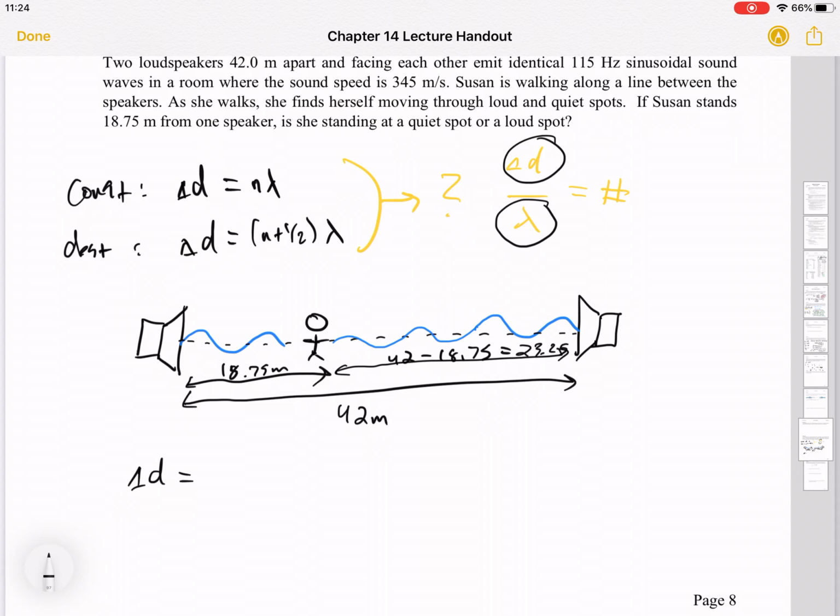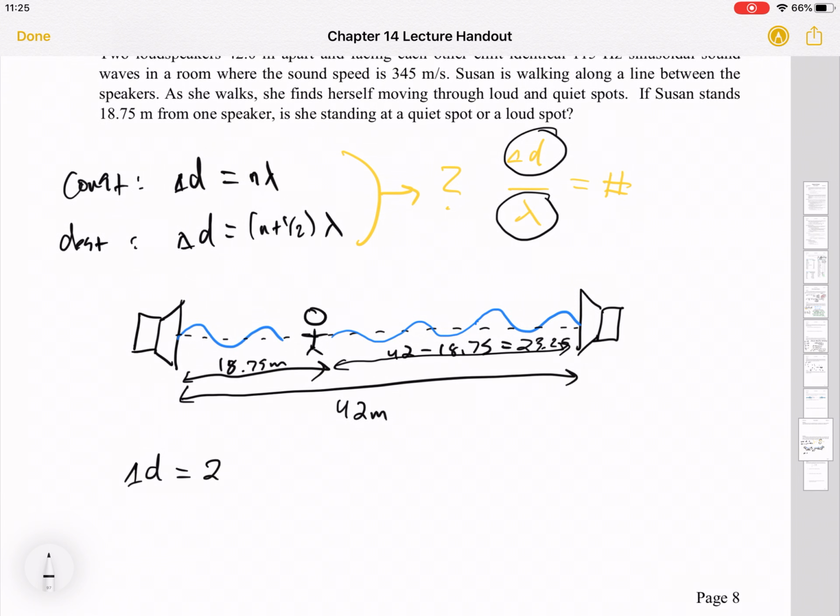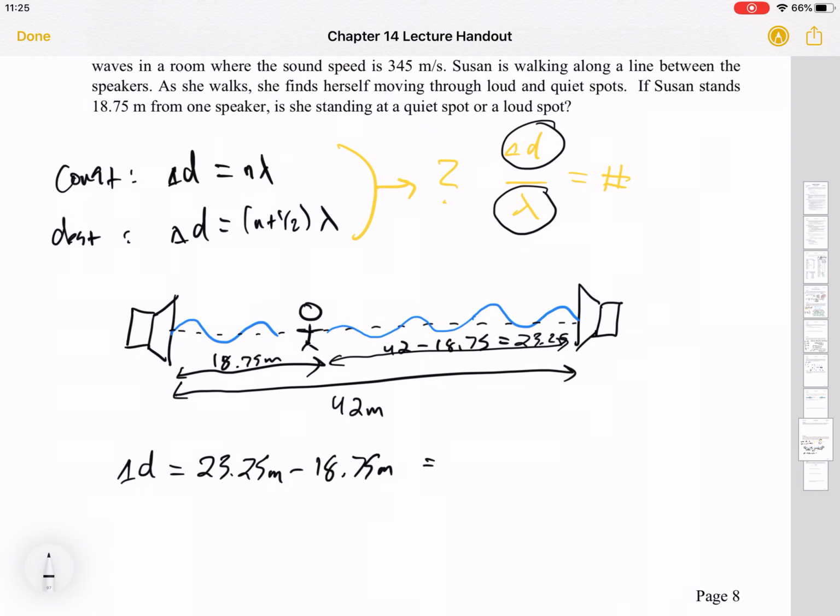So delta D is implied to be positive. So delta D is the bigger number, 23.25 meters minus 18.75 meters. And what I get for that is 4.5 meters.